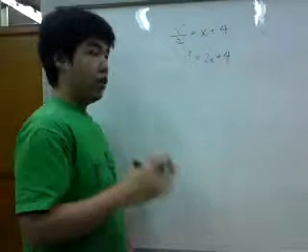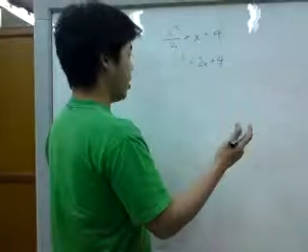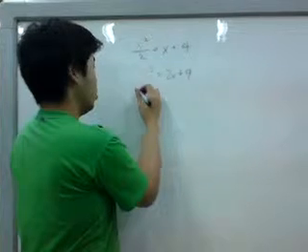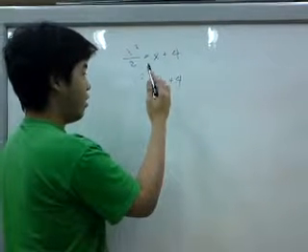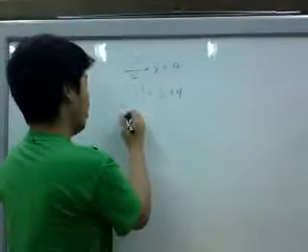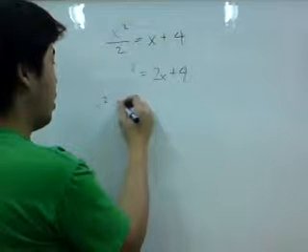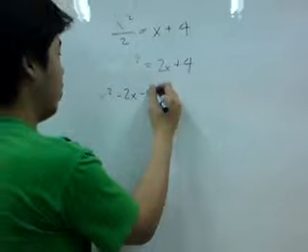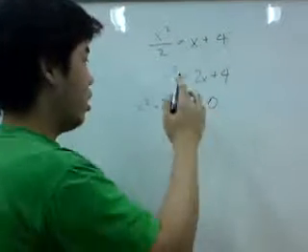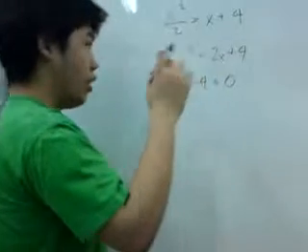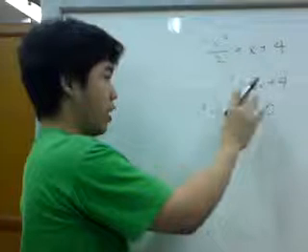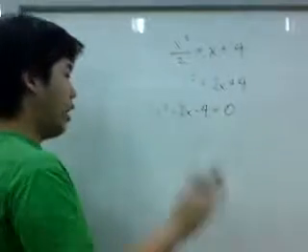So let's arrange this into its proper form, its proper order. Let's transfer 2x plus 4 to the other side. So we will have x squared minus 2x minus 4 equals 0, since we subtracted 2x plus 4 on both sides to get a 0 on the other side. So now we have this.